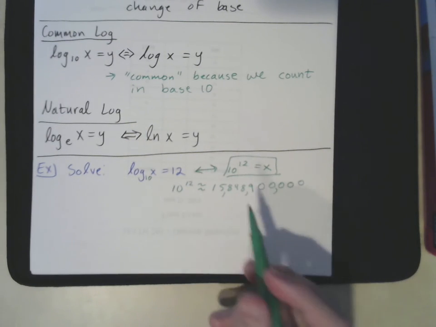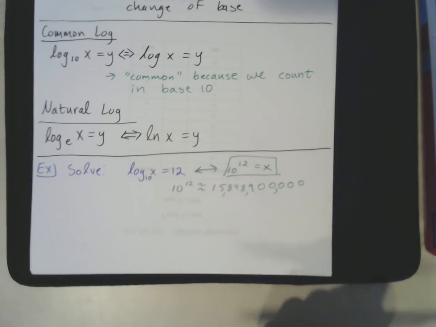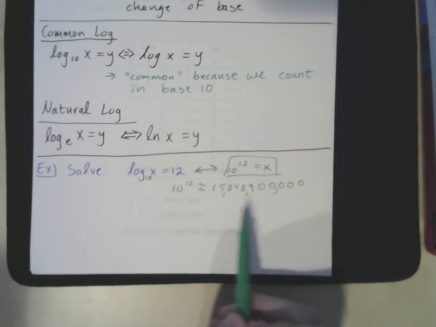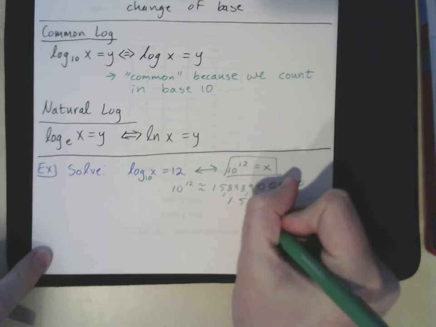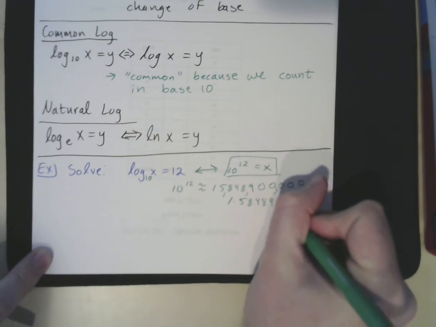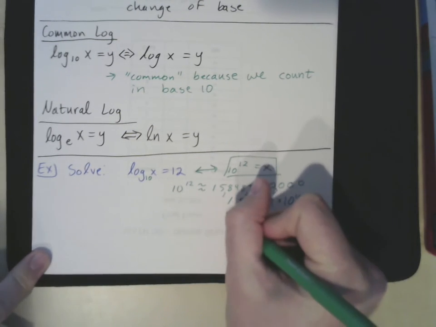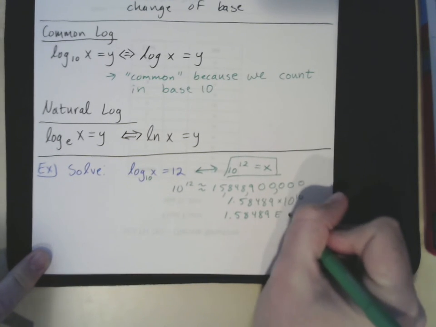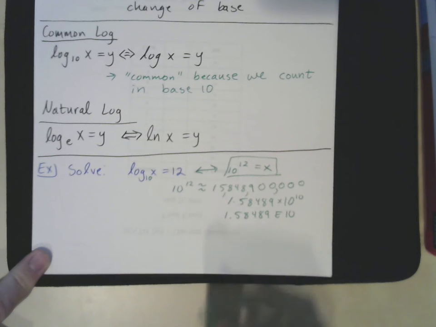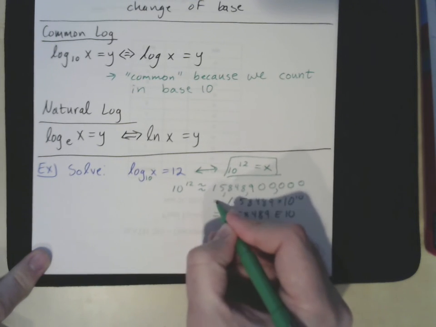Excuse me. So a real big number. But we would just leave it as 10 to the 12th. In fact, your calculator probably won't even give you this. It will probably give you something like 1.58489 times 10 to the 10th, or 1.58489 E10. So all of these things mean the same.